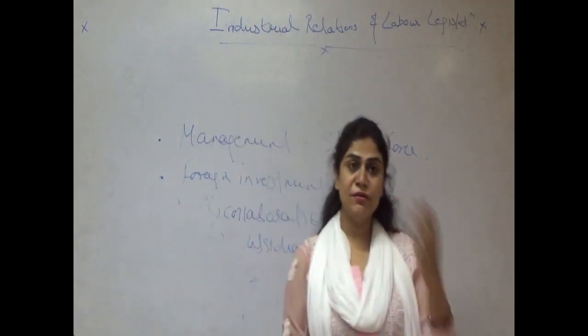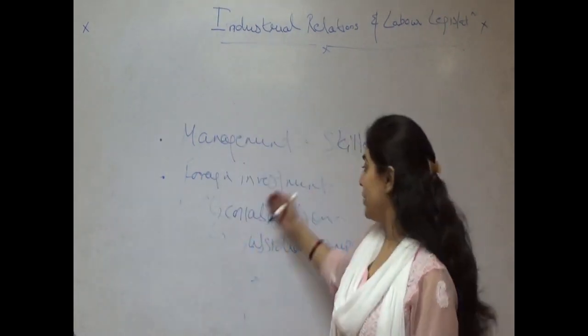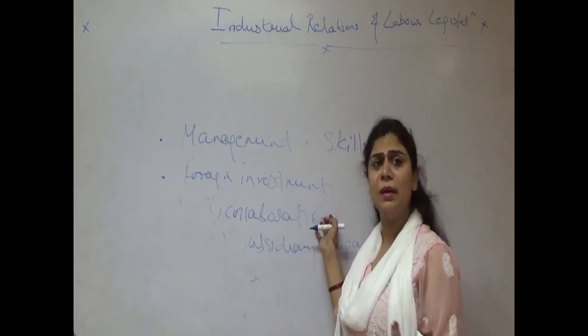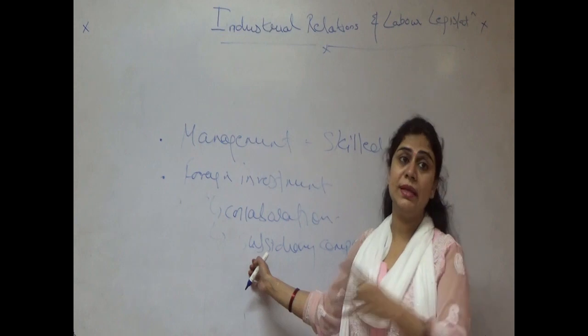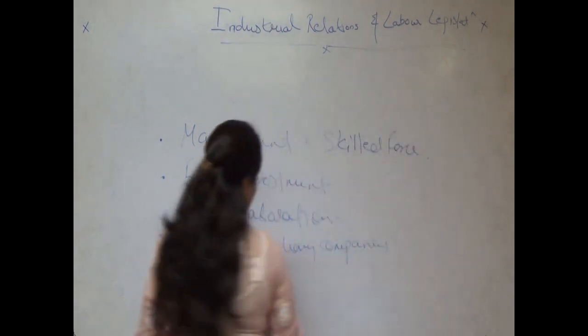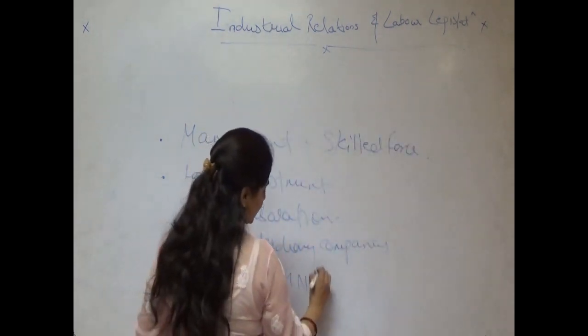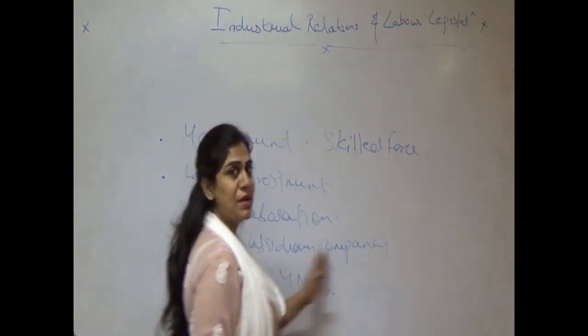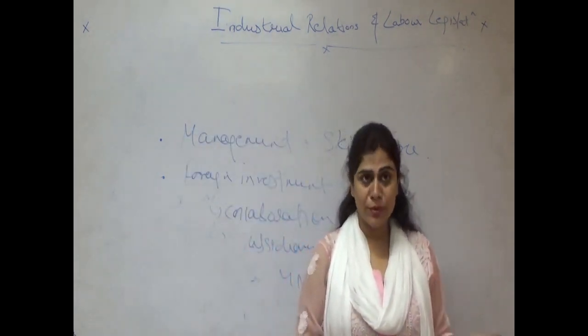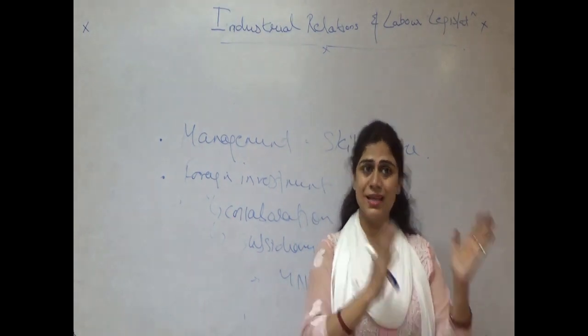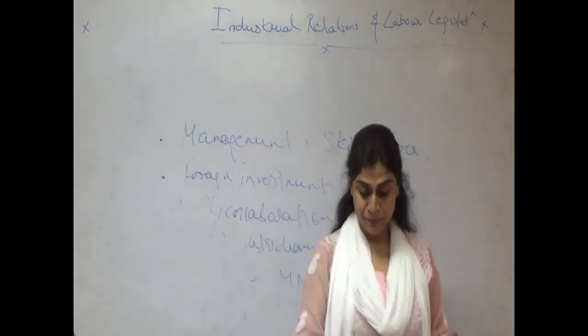So the entire investment made by the foreign companies was either by collaborating with an Indian company or by making subsidiary companies within the Indian sector. So there were a lot of MNCs, that is multinational companies, that came up, and that raised the standard of employment and generated a lot of jobs for the skilled and unskilled workforce.